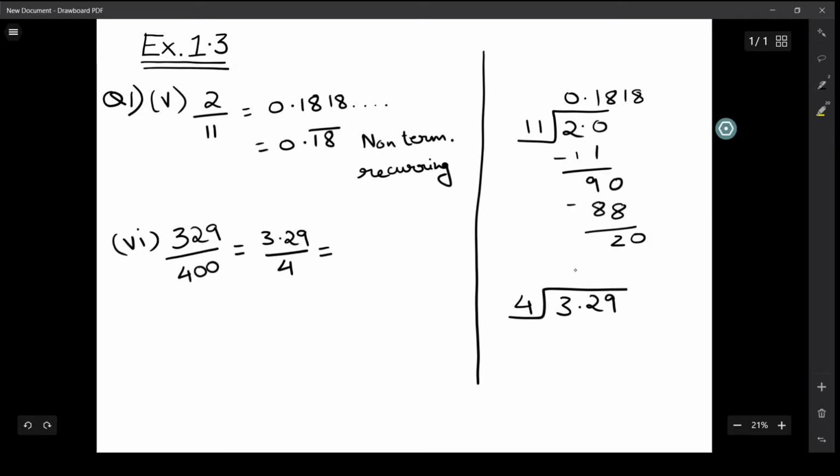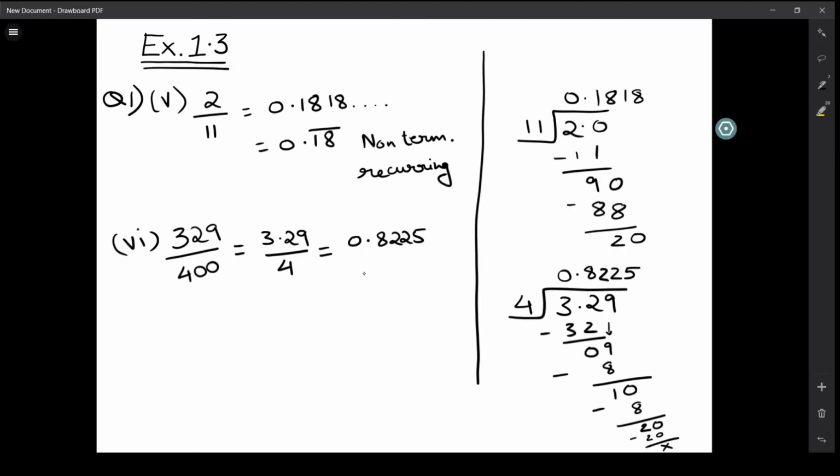And the division for this will become slightly easier for me, and it comes out to be 0.8225. This is a terminating decimal expansion.